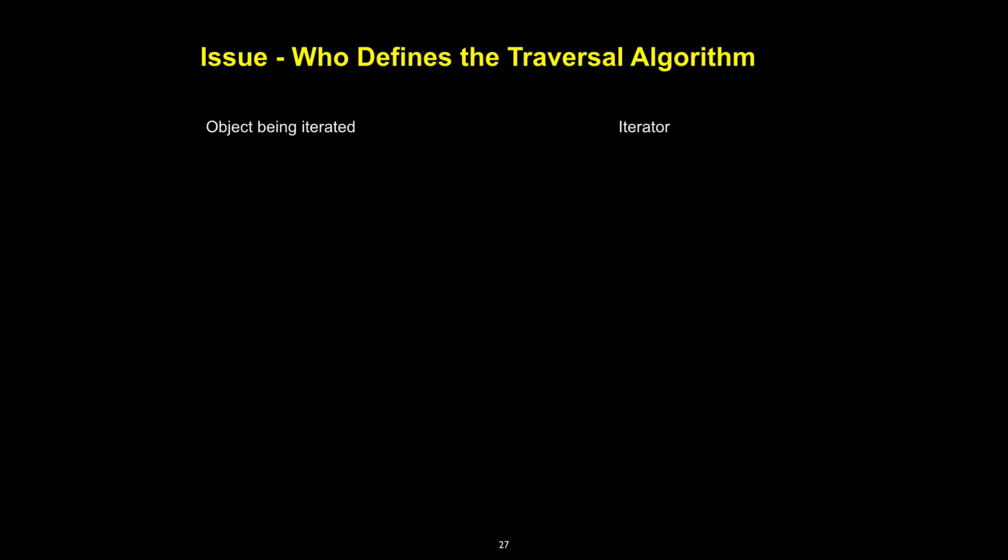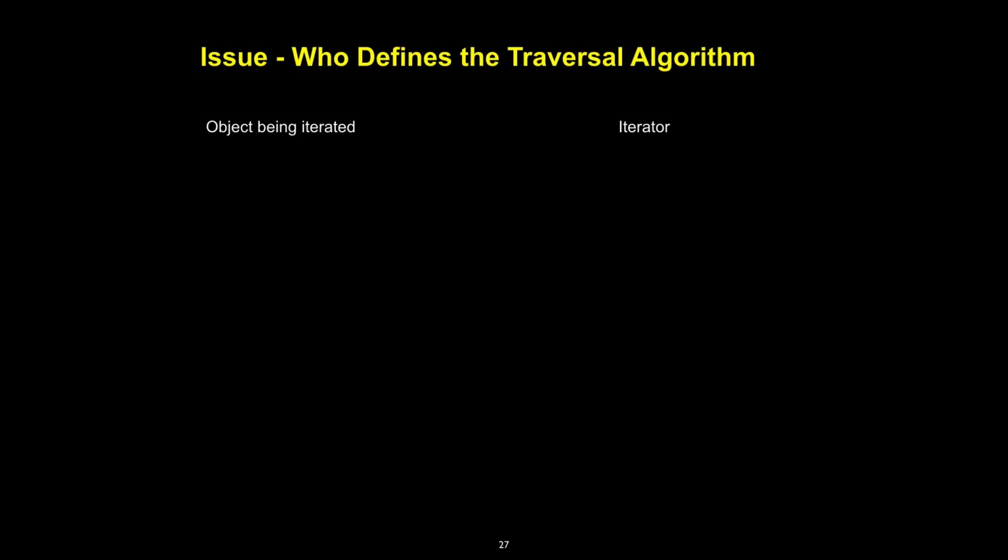Another issue is who defines how you traverse. You've got two possible ways of doing it. You can have a traversal structure embedded in the object. So, for example, if you've got a binary search tree, a binary tree, it's sort of nice to have the structure right there. So you could have that structure know how to traverse. The problem with that is if you want to traverse different ways, right, then you're sort of stuck.